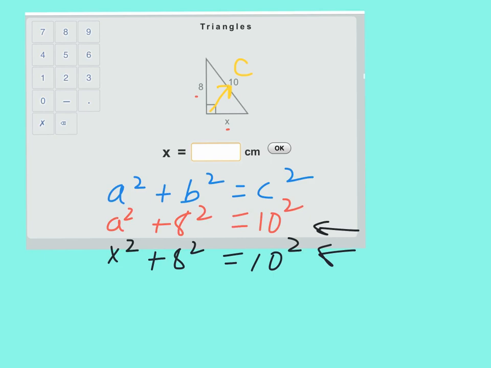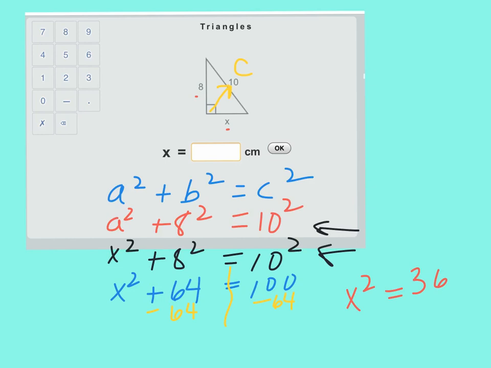So let's continue to solve. So x squared plus 64, because 8 times 8 is 64, equals 100, because 10 times 10 is 100. Then we use inverse operations to get the variable by itself. Since it's plus 64, we subtract 64 on both sides. So then we get x squared or a squared equals 36.